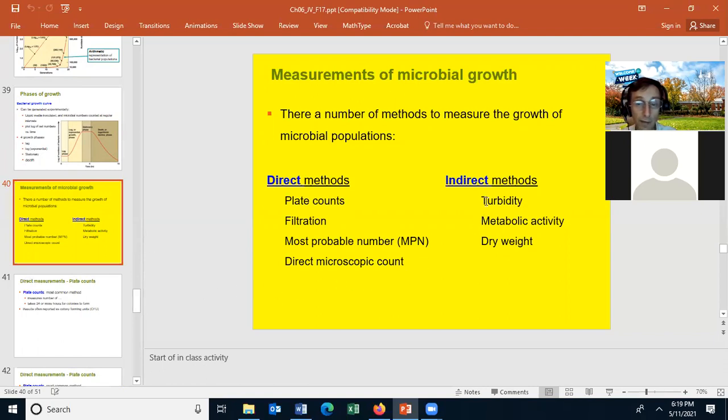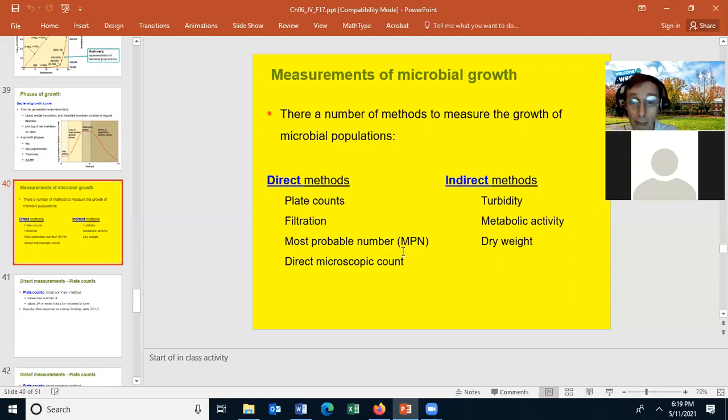The indirect methods, meaning we're counting the cells indirectly, include turbidity, the metabolic activity, and the dry weight. I've used all of these methods to get a count of my cells, except for the most probable number. I've never used the most probable number to get an estimate of the number of cells I had.